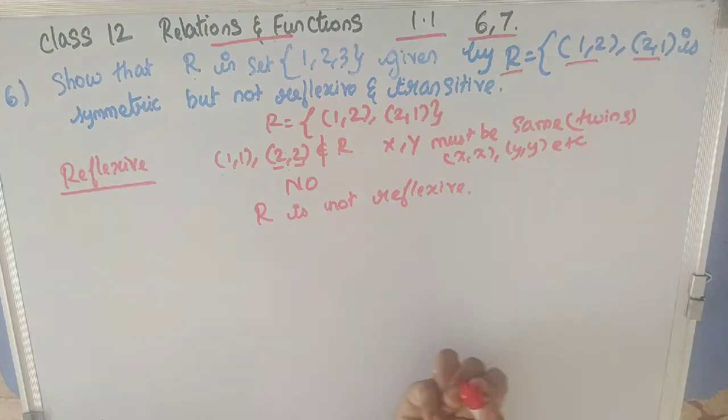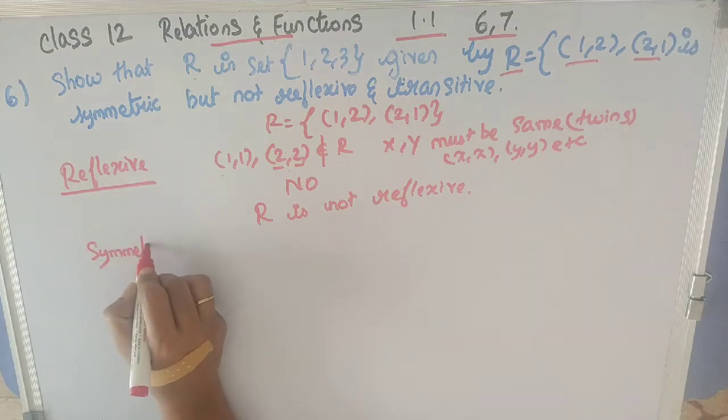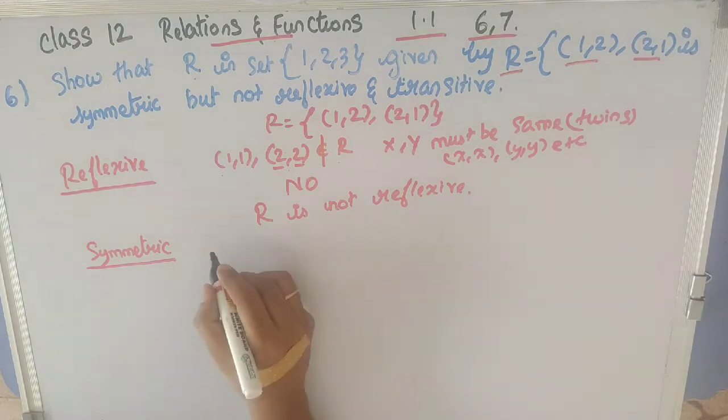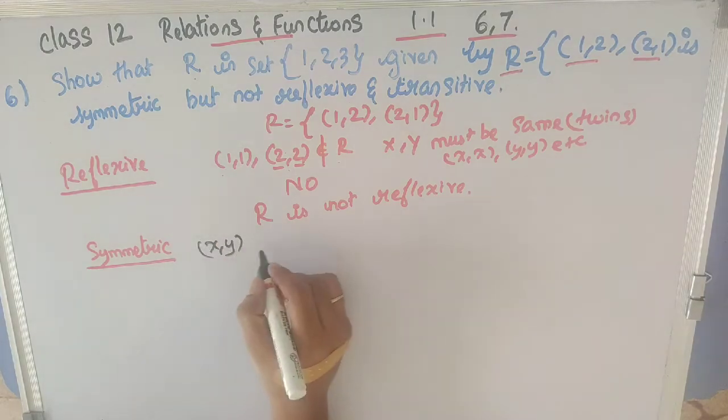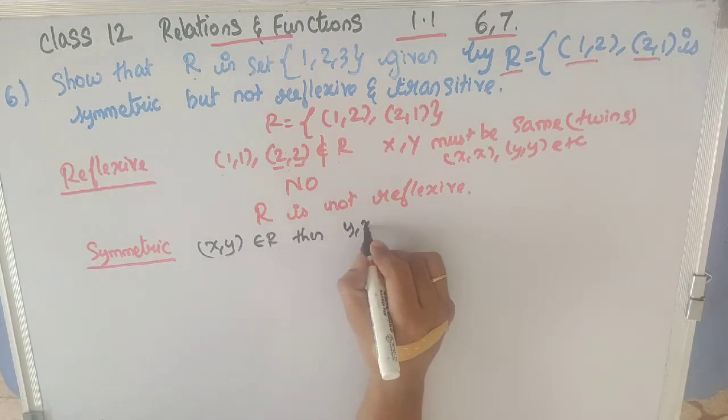Now we can check whether the relation is symmetric or not. What is a symmetric relation? Do you remember? Yes. If (X, Y) is an element of R, then (Y, X) must also be an element of R for the relation to be symmetric.